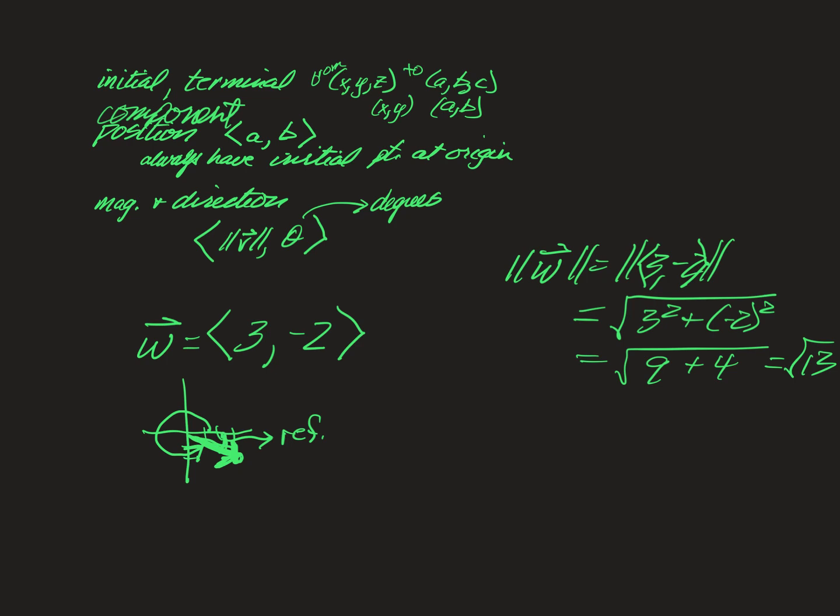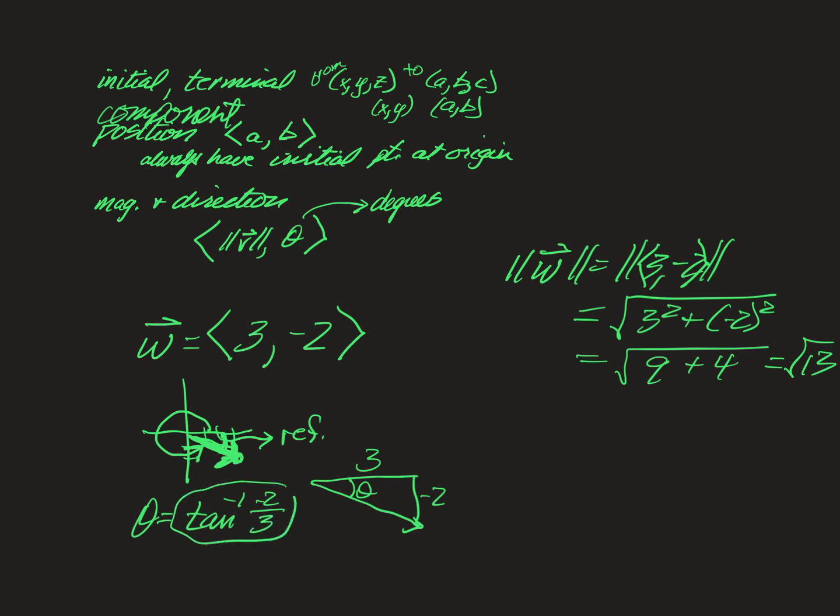So if I draw this just a little bigger, then this is 3, this is the -2, and we can find the angle by what? Theta equals the inverse tangent of opposite over adjacent, -2 over 3.